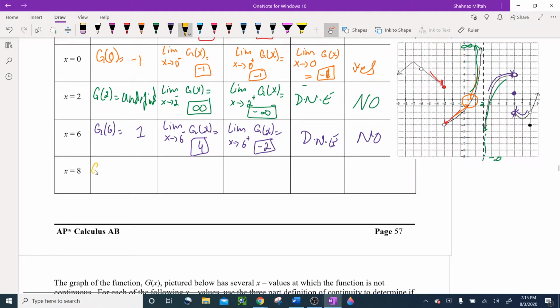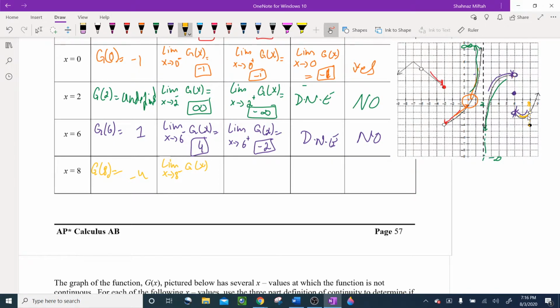Then I'm going to go g of 8. This is 8, 7, 8 right there. So the defined point at 8 is this, which is negative 4. So let's see, limit as x approaches 8 from the left of g of x. This is 8, and I'm going left.